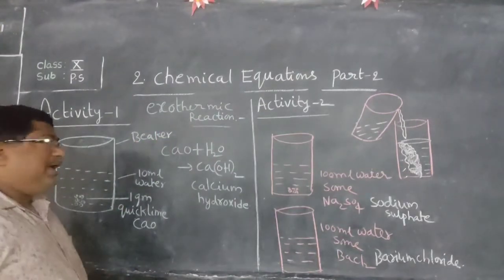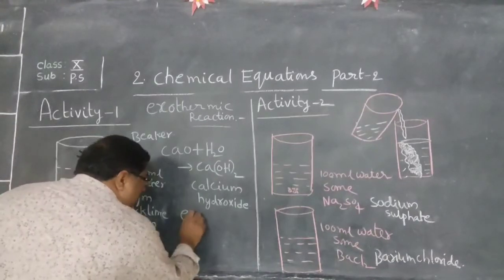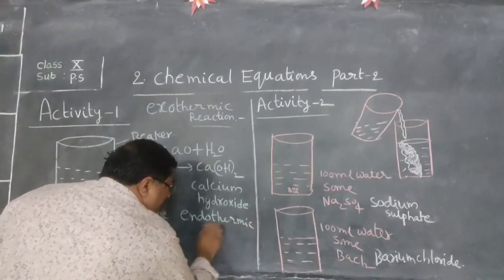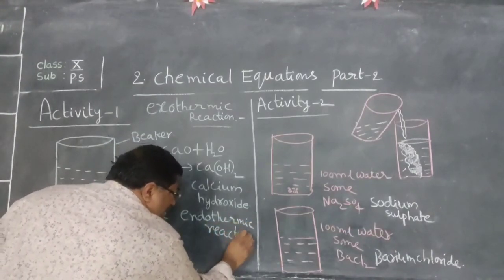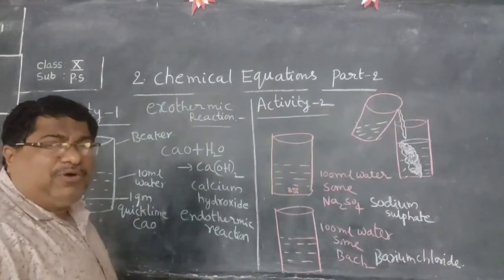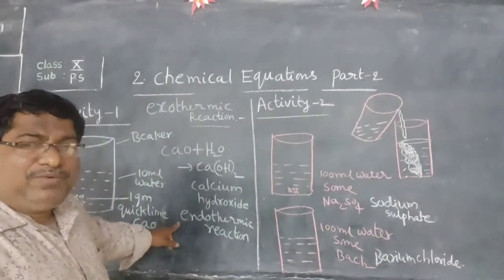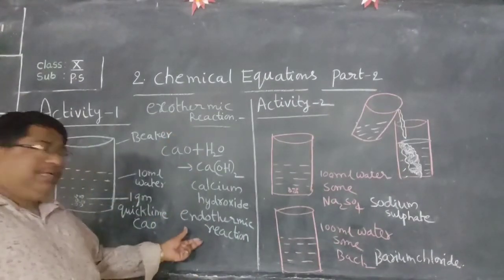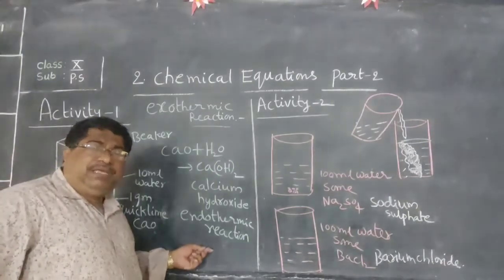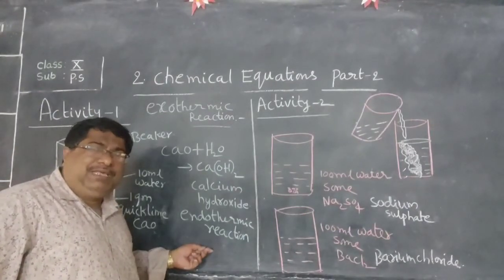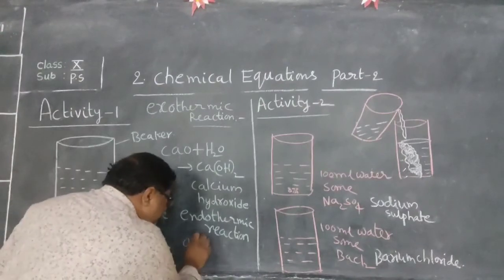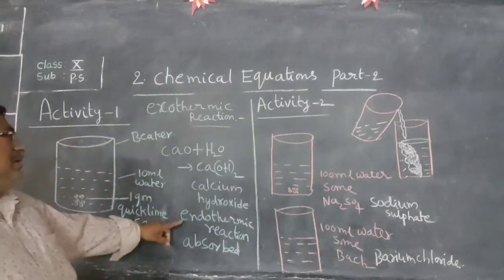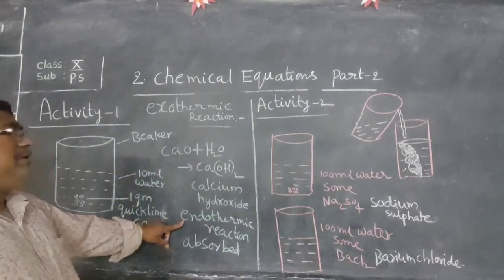We can study another reaction, the endothermic reaction. The definition is opposite to that of the exothermic reaction, meaning the chemical reaction in which heat is absorbed is called an endothermic reaction.